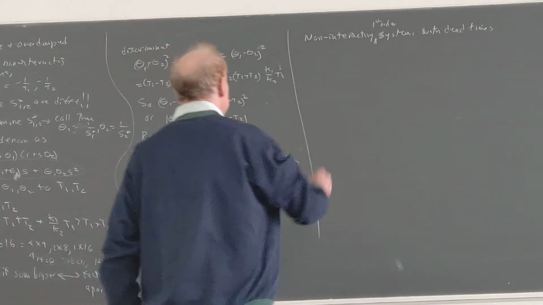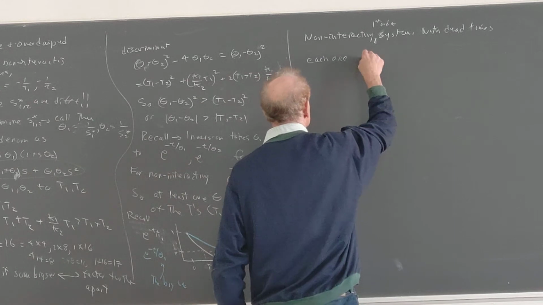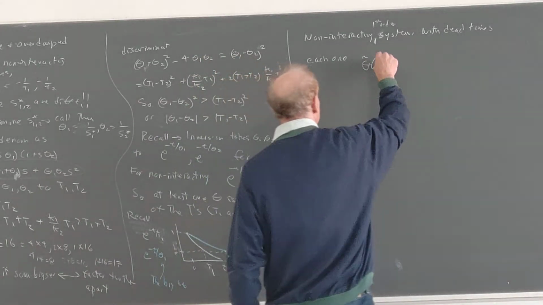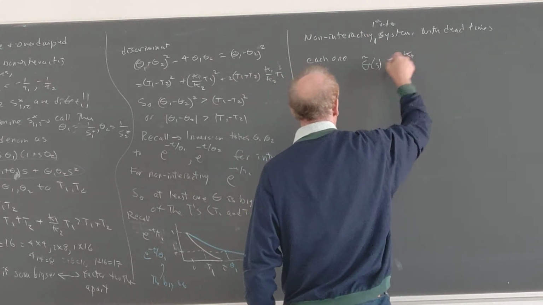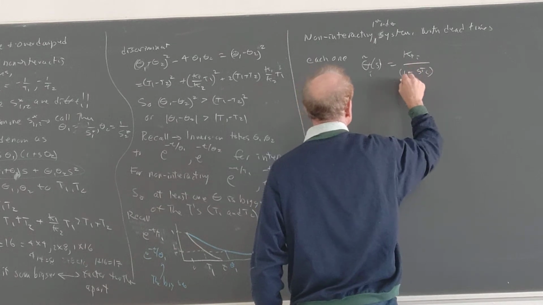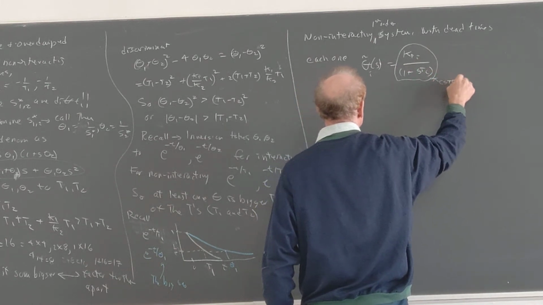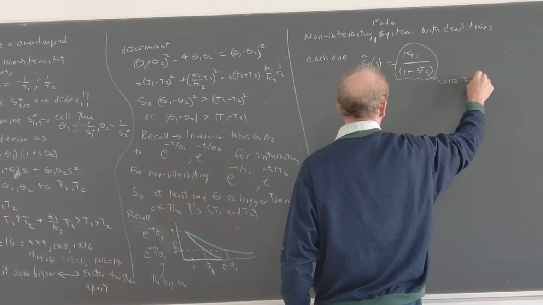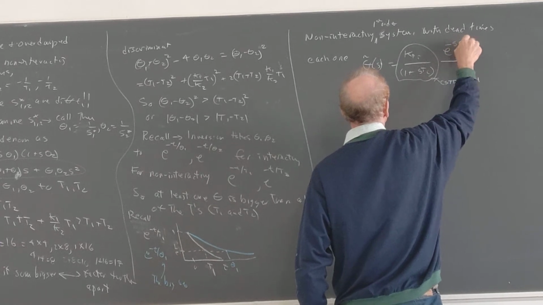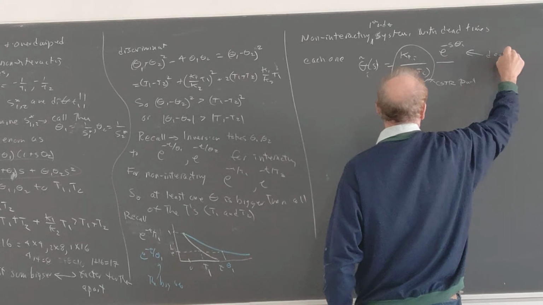Okay, so each one of those systems has a G tilde that's a first order system, K_Pi over 1 plus s tau_i. That's the CSTR part. And then I've got the dead time part, e to the minus s theta part.